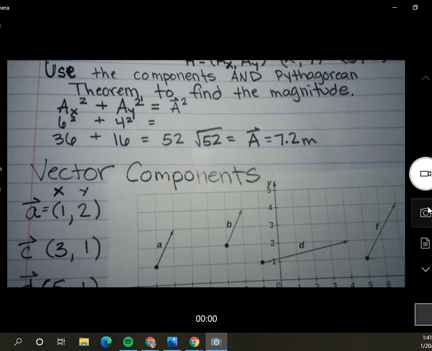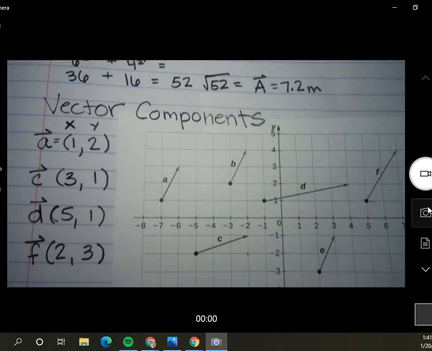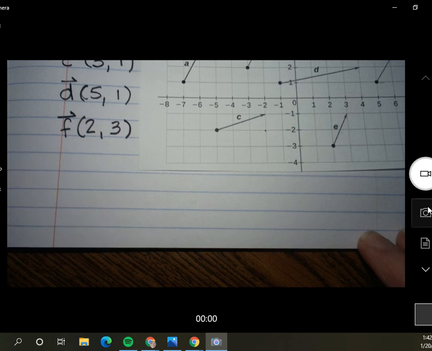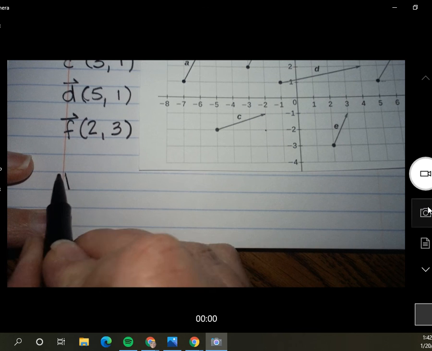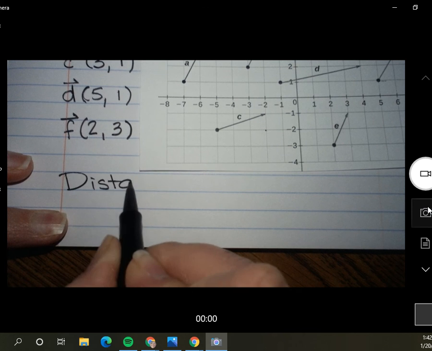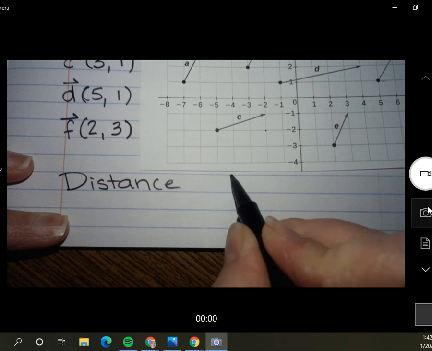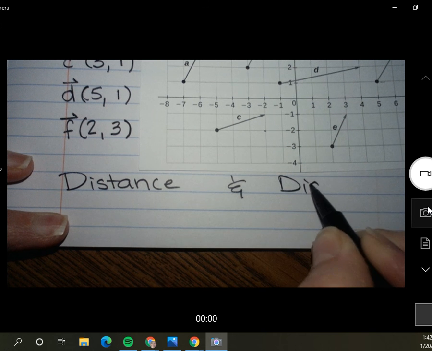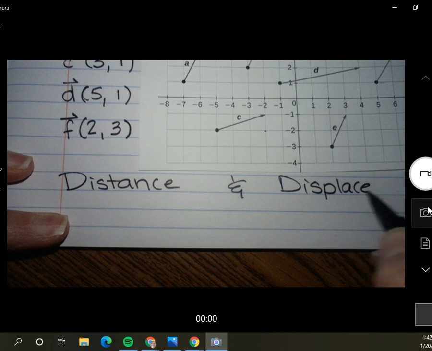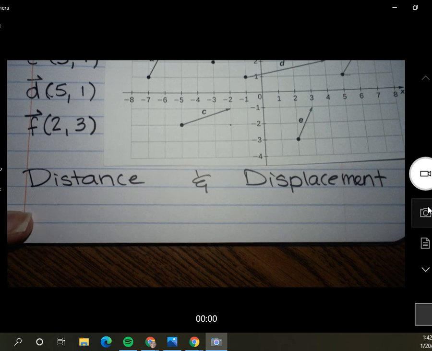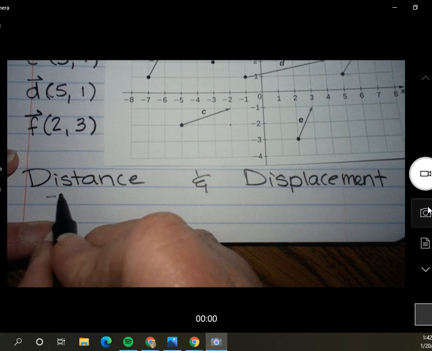We're going to add 2 words to the end of this. I'm not exactly sure even why I put these 2 words on here, but we are going to define distance and displacement. Kind of just thrown in there, but we're going to start using them a lot. Displacement. Distance is how far traveled.